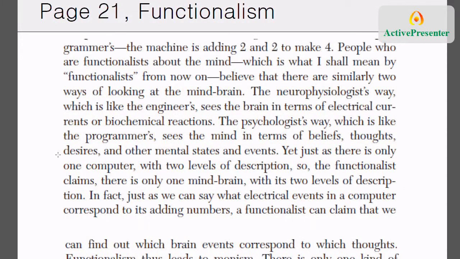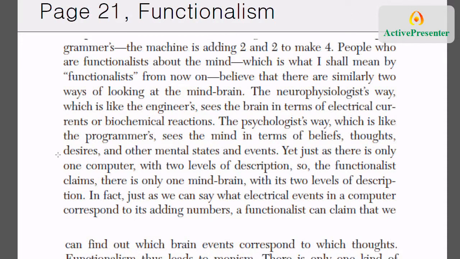All right, then the next theory that Appia looks at is functionalism, and this currently is thought to be the best theory of the mind. So just to remind you, people who are functionalists about the mind, which is what I shall mean by functionalist from now on, believe that there are similarly two ways of looking at the mind-brain. The neurophysiologist way, which is like the engineers, sees the brain in terms of electrical currents or biochemical reactions.